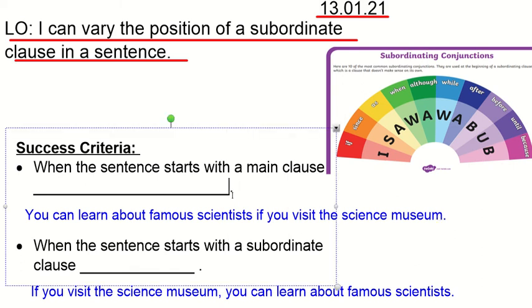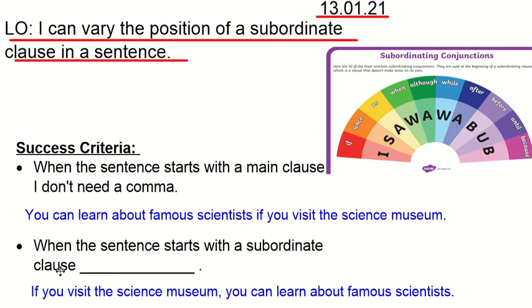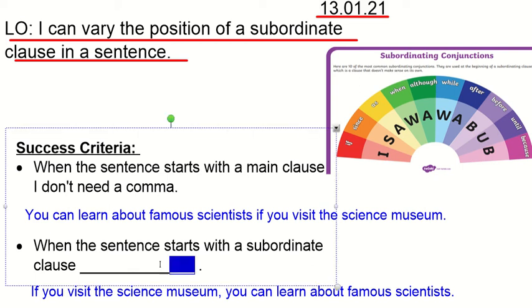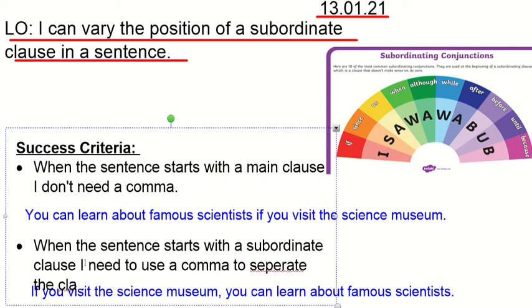So when my sentence starts with a main clause, I don't need a comma. However, when the sentence starts with a subordinate clause, what do I need to use? I need to use a comma to separate the clauses.